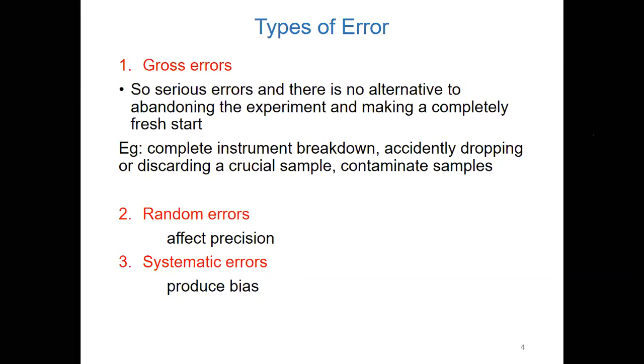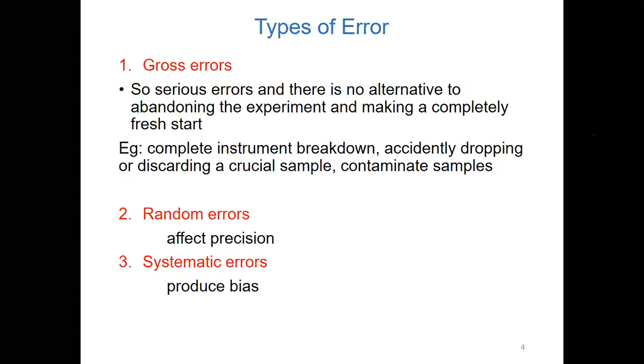We have to stop from there and redo the entire experiment again. So that is the gross error. We cannot deal with any sample or any set of data which has gross error, because it has a huge error. Therefore, we have to freshly do the experiment or the analysis again.